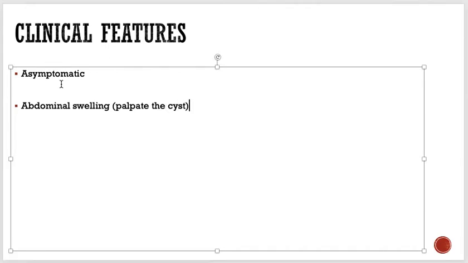I'm talking about the liver, but of course it can be any part of the body. So abdominal swelling is there, and the patients may have abdominal pain, especially in the right upper quadrant, which is the place where the liver is. So this is how they present.